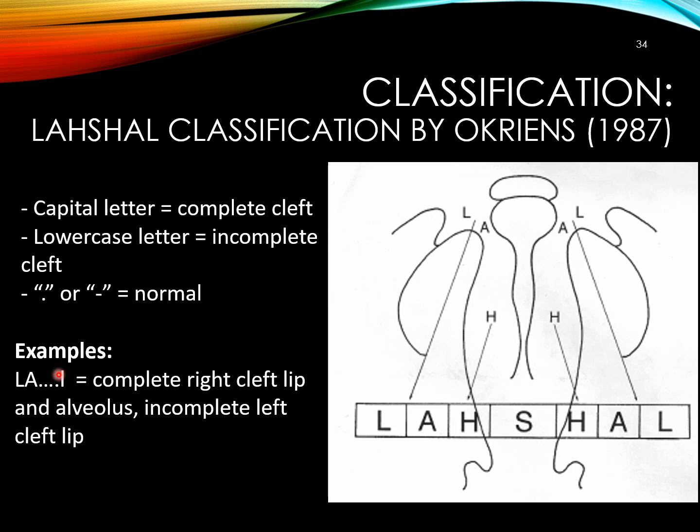For example, a diagnosis like L, A, dot, dot, dot, dot, l, means complete right cleft lip and alveolus, and incomplete left lip. This is the lowercase letter l. As for me, it is a very easy classification.